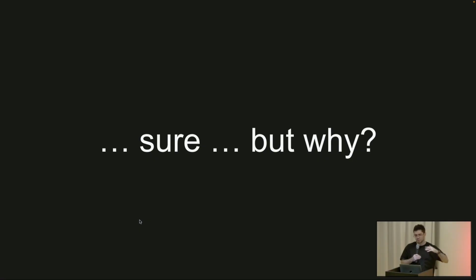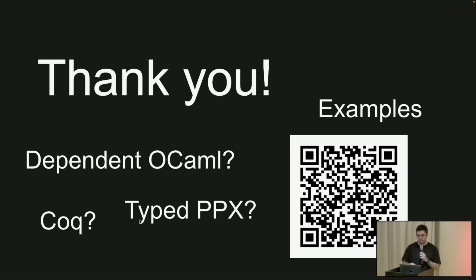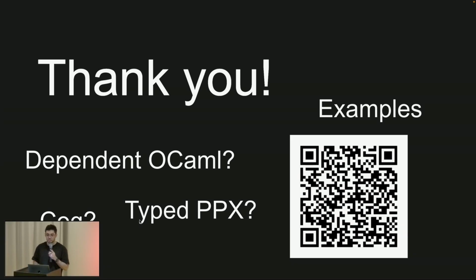You can go half the way through it and whatnot, but maybe if we had types on PPX. I'm personally not working on this right now. It's just a cool demo in my opinion. But yeah, maybe at some point we have dependent OCaml using typed PPX, if anyone is interested. If anyone is interested, let me know.